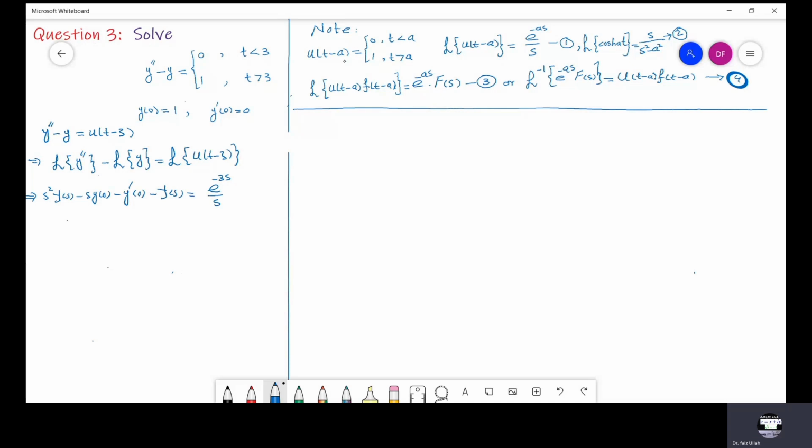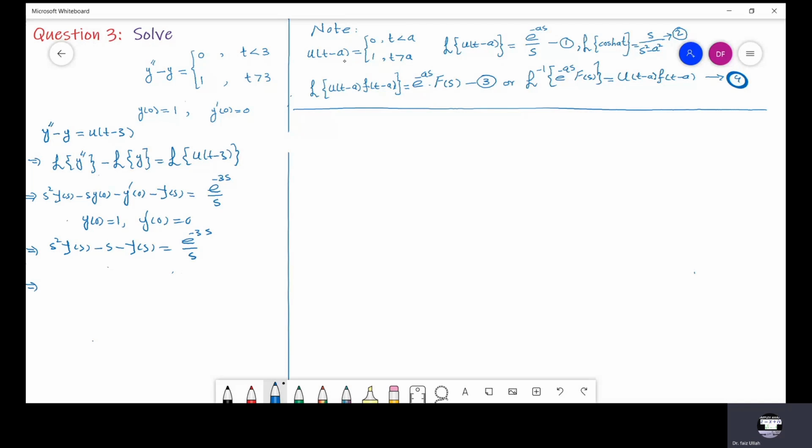And now let us use the initial conditions. Y of 0 is equal to 1, y dash of 0 is equal to 0. These conditions are given. So we obtain s square y of s minus s minus 0 minus y of s is equal to e power minus 3s divided by s.